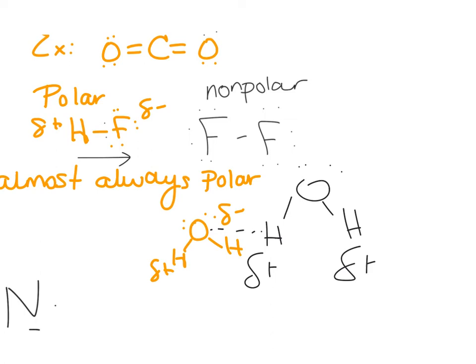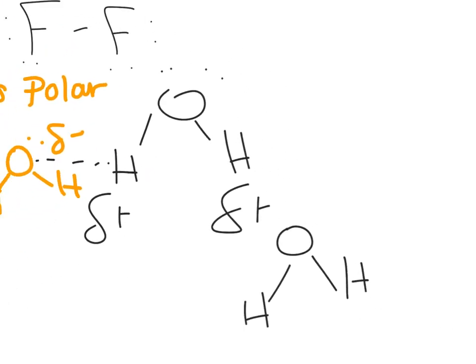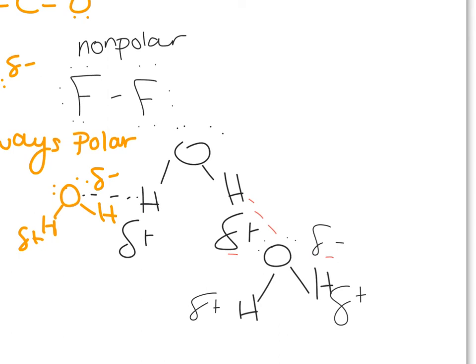And then if you had another water molecule here, let me go ahead and do positives just so you guys can see. It's your negative. Again, you're going to have another intermolecular force, hydrogen bonding, occurring between this oxygen and that hydrogen, being partial positive, this oxygen being partial negative.